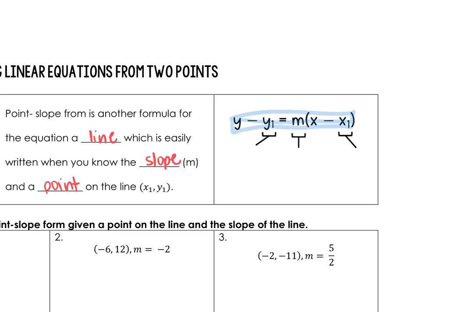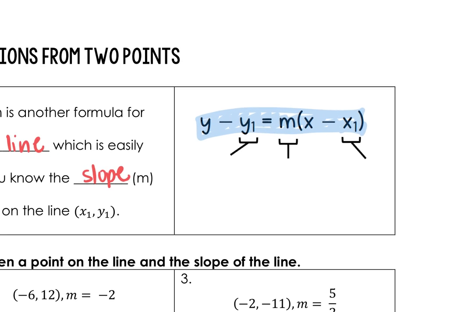This y minus y1 equals m times x minus x1, where this y1 is going to be the y coordinate of the given point.